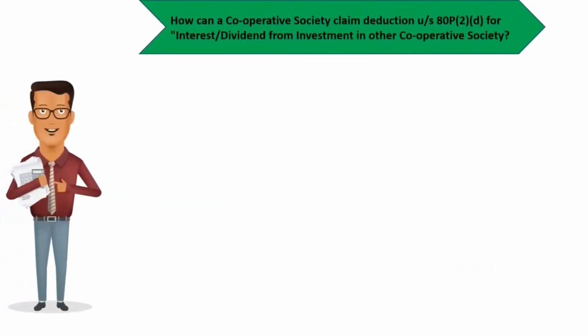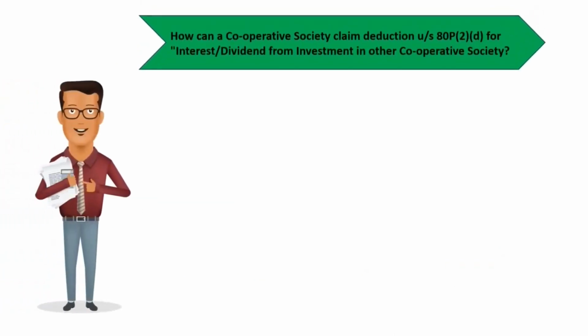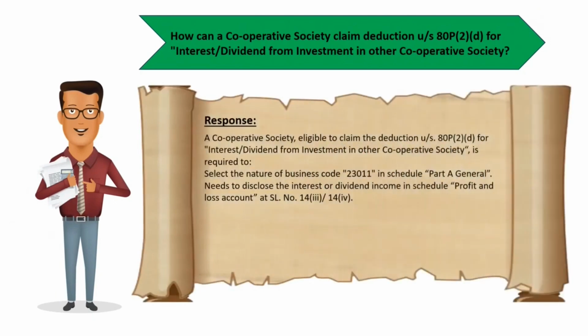Another question related to cooperative society could be that how can a cooperative society claim deduction under Section 80P subsection 2 clause D for interest or dividend from investment in other cooperative society? A cooperative society eligible to claim deduction under Section 80P subsection 2 clause D for interest or dividend from investment in other cooperative society is required to select the nature of business code 23011 in Schedule Part A General.